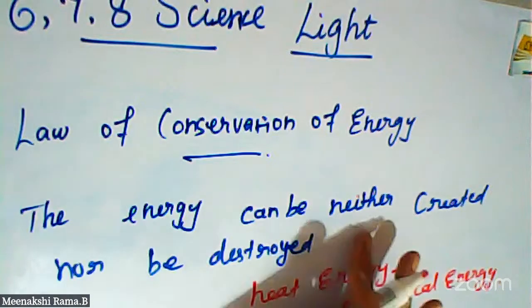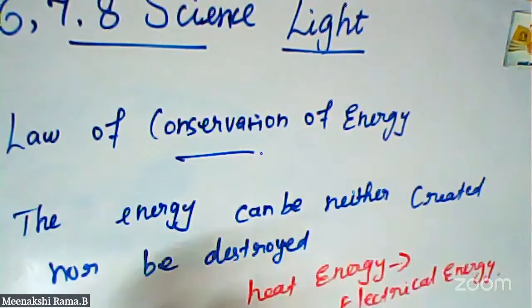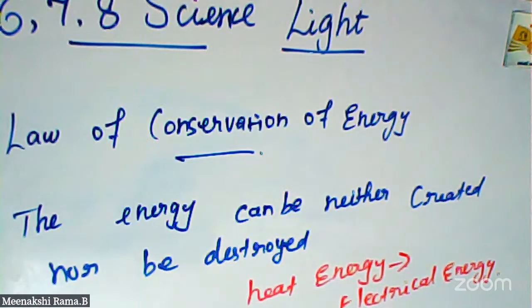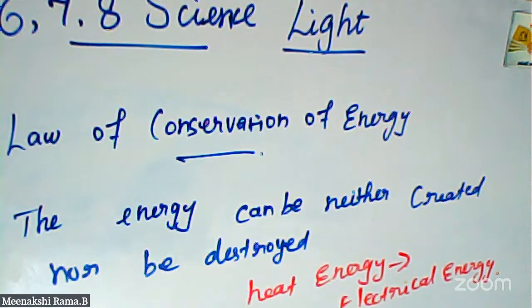So this is the basic concept. Energy transformation means one energy is changed into another. Solar energy is changed into electrical energy, and electrical energy is changed into mechanical energy. In this way, energy is transferred from one place to another.